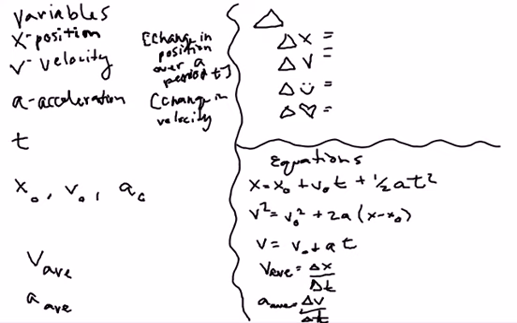Deceleration is just negative acceleration. We call it both. So it's your change in velocity over a period of time. And T stands for time. Hopefully you know what time is.